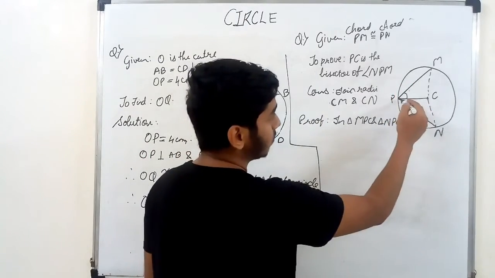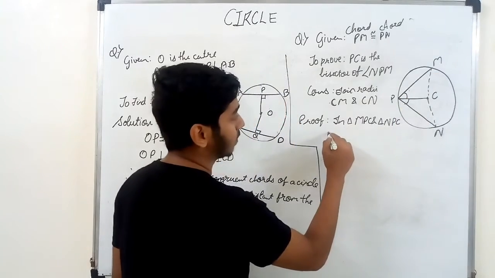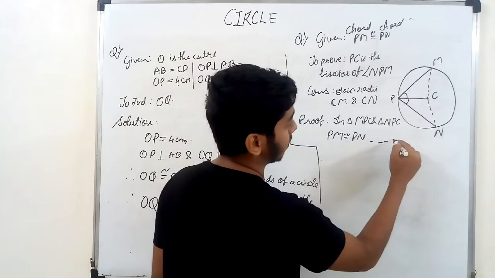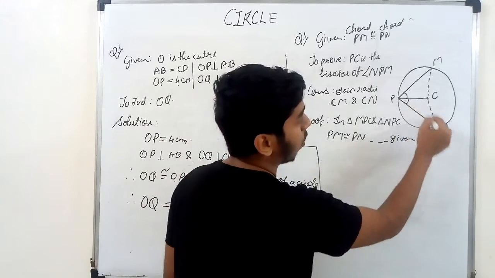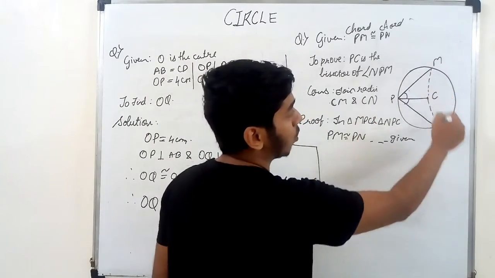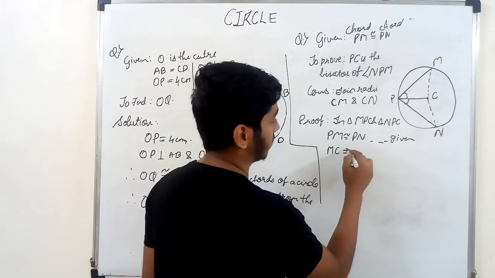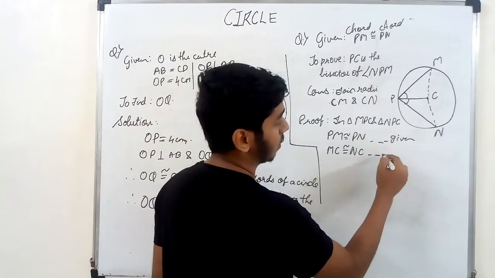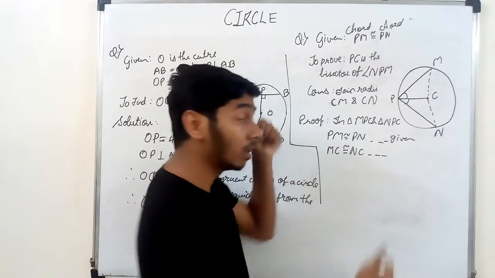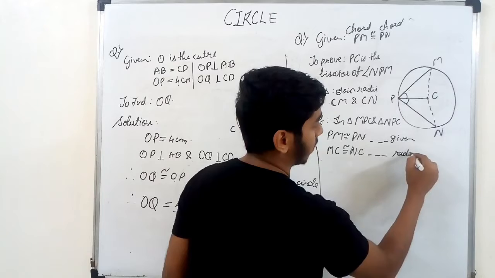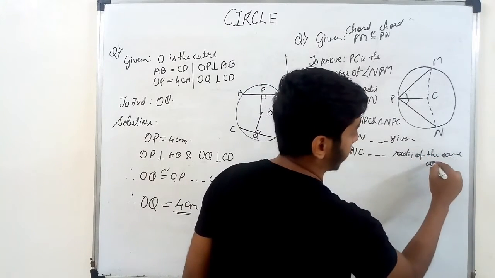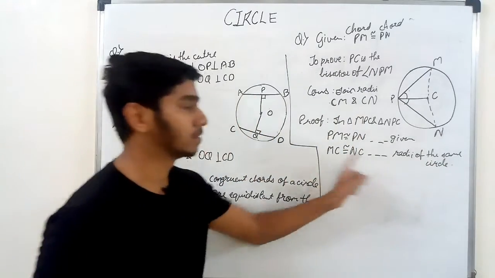Now here PM is congruent to PN. Why? Because it's given that the chords are congruent, correct? Now I can say MC is congruent to NC. Why? Because radii of the same circle.